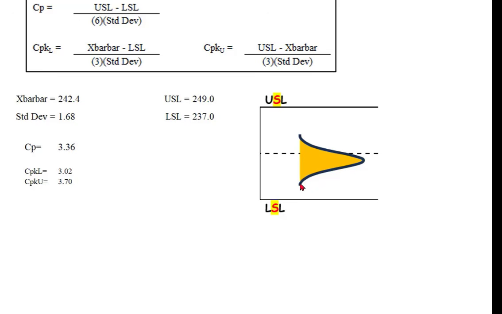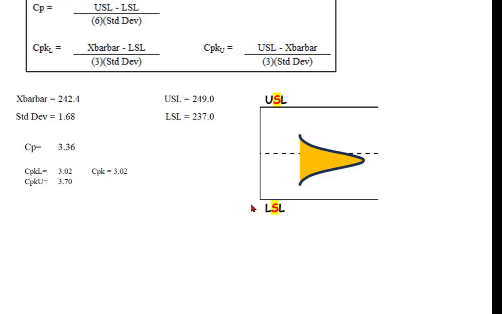We are really saying the problem is on the lower spec limit side, which is this distance from here to here. That's closer than the distance from here to here. So you go with the lower number, which is 3.02. So there is your answer for CPK. Again, 2 decimal places.